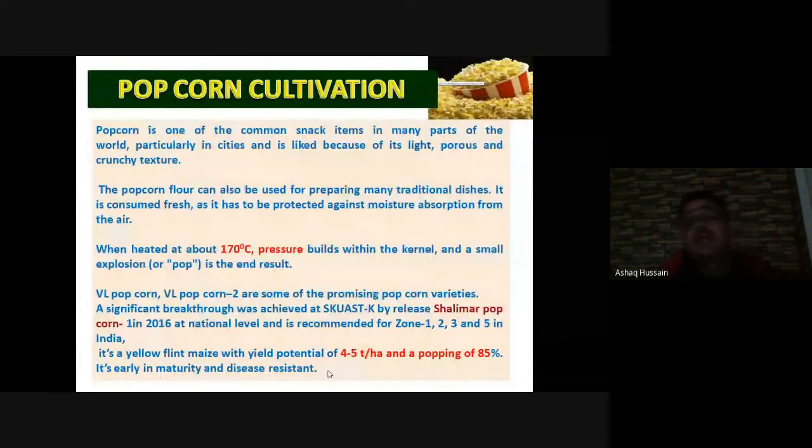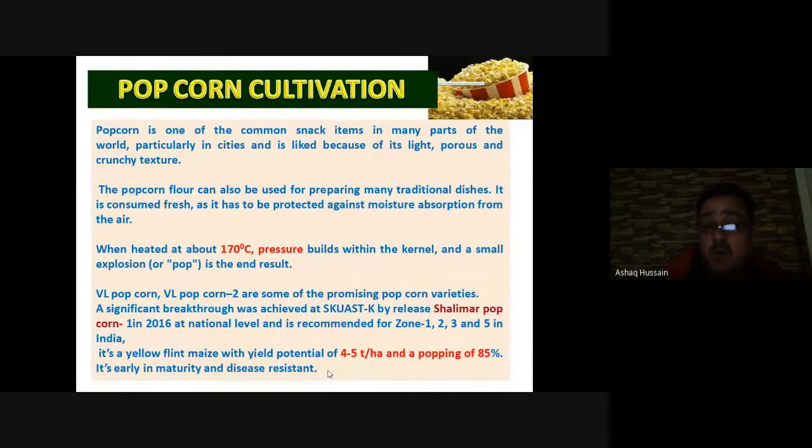Another important enterprise that can be integrated by diversifying the base cropping systems is popcorn. Popcorn is a snack particularly for children, and it pops at 170 degrees Celsius and gives a butterfly type of appearance. Certain important hybrids have been released at national level, and we have our own variety, Shalimar Popcorn 1, released in 2016.